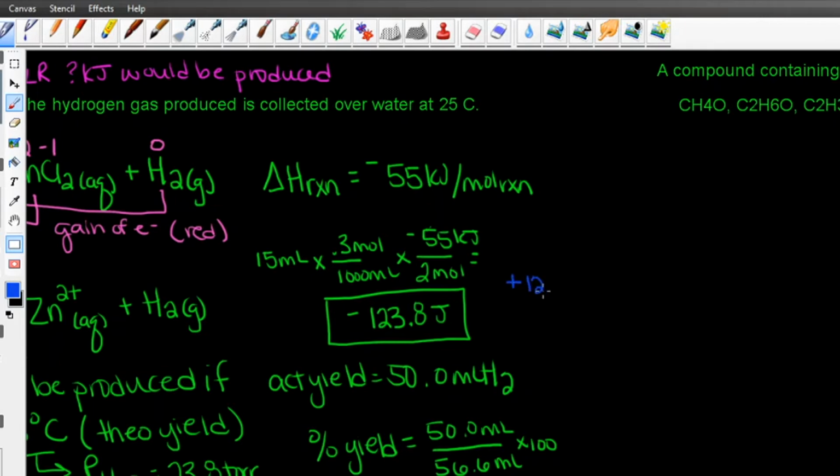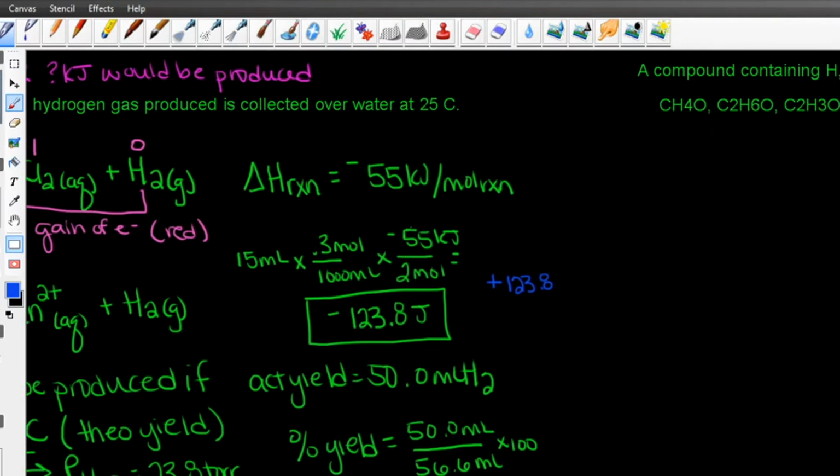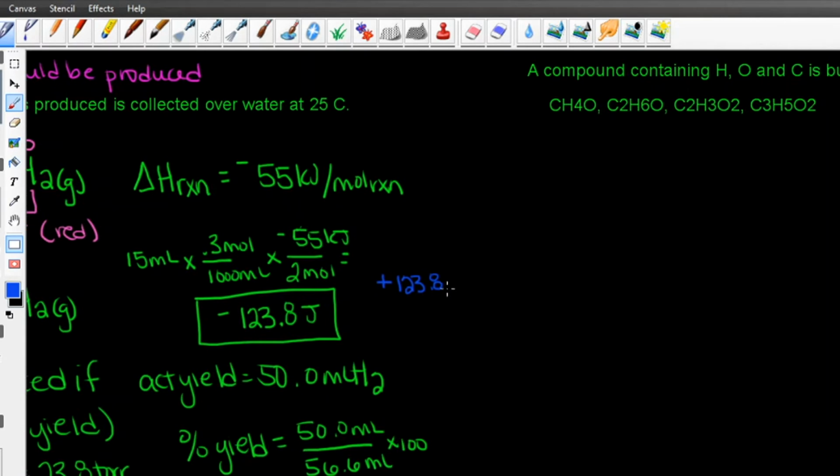So a positive 123.8 joules. So here's the equation I'm working with, you guys: Q equals mc delta T. This is how much heat is being absorbed by the water that's being released by the reaction.